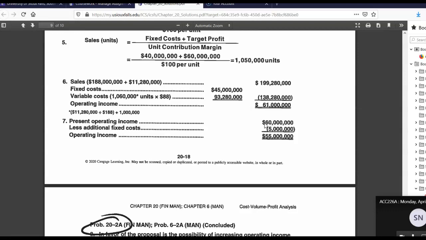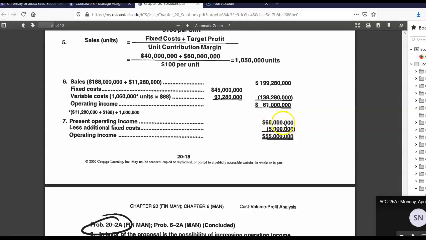Especially if you took this proposal to the bank and you said to the bank, we want to borrow 5 million, the fixed cost. But notice here, even if we add the 5 million of costs and nothing changes, we don't produce any more, we're still at the $60 million level. So that's what you get out of the book there.